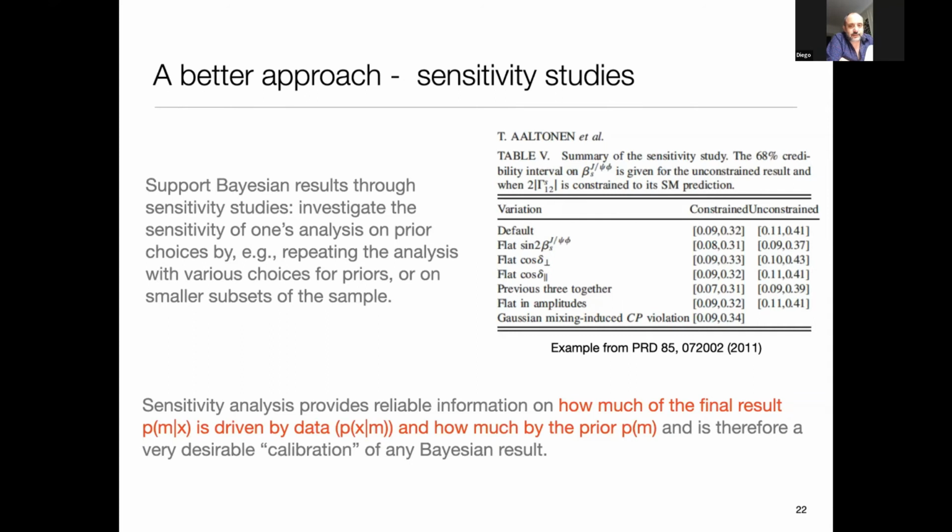a better approach, one favored by both frequentists and Bayesians, is that when you do a Bayesian measurement, you check what would be the change in your result depending on the choice of the prior. So you determine your result with your default choice of the prior, and then you repeat the determination with variations of your choices of priors.